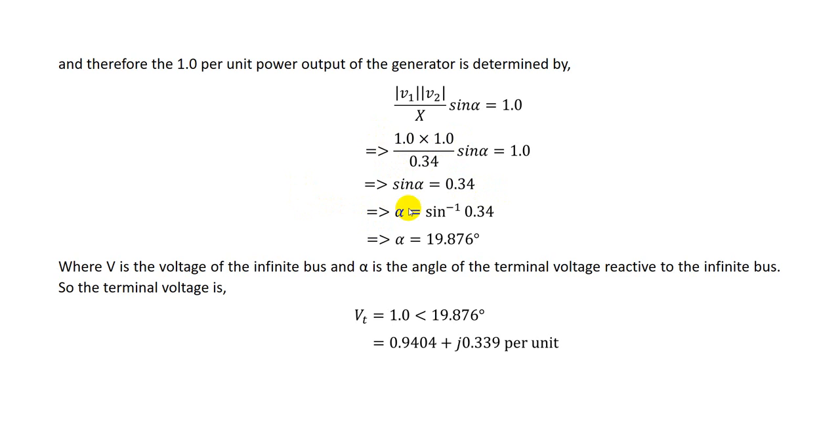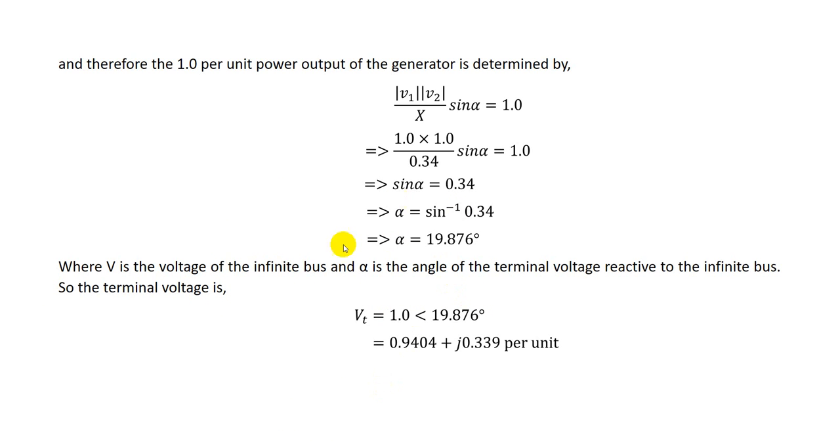Then alpha equal sine inverse 0.34, and alpha equal 19.876 degree, where V is the voltage of the infinite bus and alpha is the angle of the terminal voltage relative to the infinite bus. So the terminal voltage is Vt equal 1.0 angle 19.876 degree.